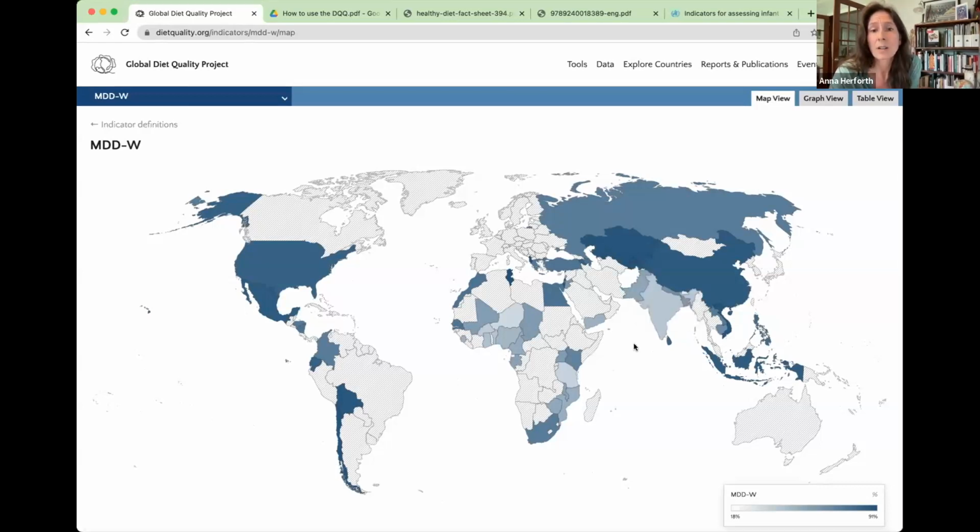And we can also look at the food group diversity score, which is the same 10 food groups as are captured by the MDDW, but this is a count of the number of food groups that are consumed. Part of the reason for this indicator is that it can be compared between women and men.